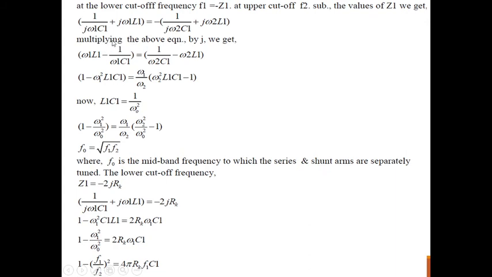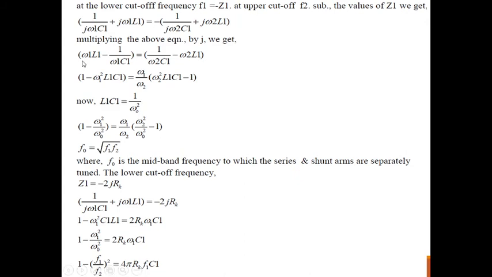So multiplying the above equations by j, we get omega 1 L1 minus 1 divided by omega 1 C1 should be equal to 1 divided by omega 2 C2 and omega 2 L1.